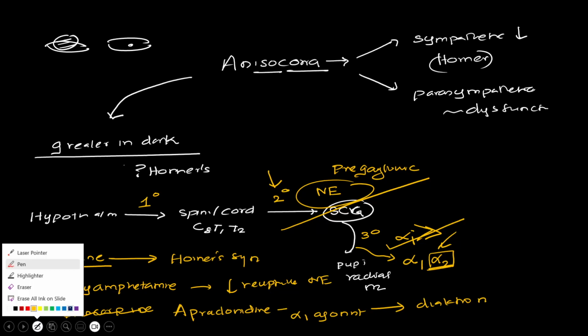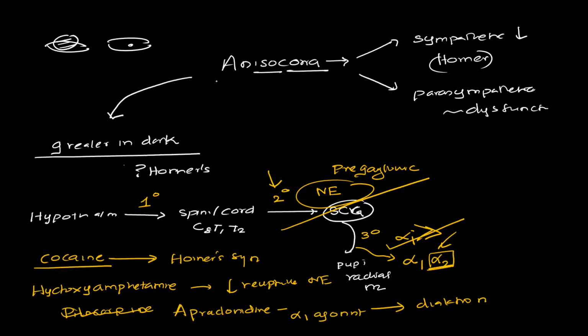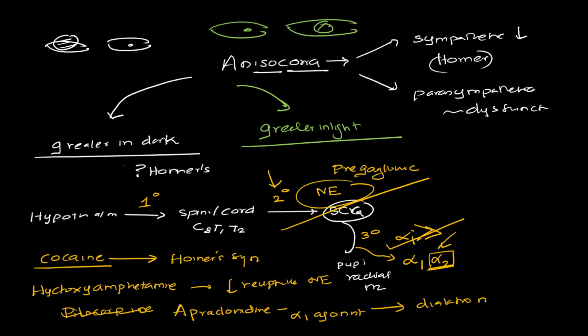Then we have to come to the other possibility. Now, the anisocoria is greater in light, which means that usually in light the pupil constricts. The problem here is that one of the eyes fails to constrict. Now you know that this is an issue within the parasympathetic pathway.